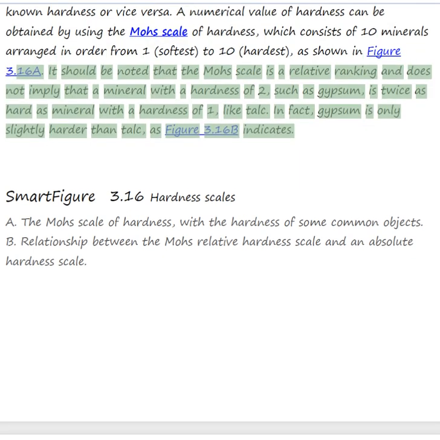It should be noted that the Mohs scale is a relative ranking and does not imply that a mineral with a hardness of 2, such as gypsum, is twice as hard as a mineral with a hardness of 1, like talc. In fact, gypsum is only slightly harder than talc, as Figure 3.16b indicates.